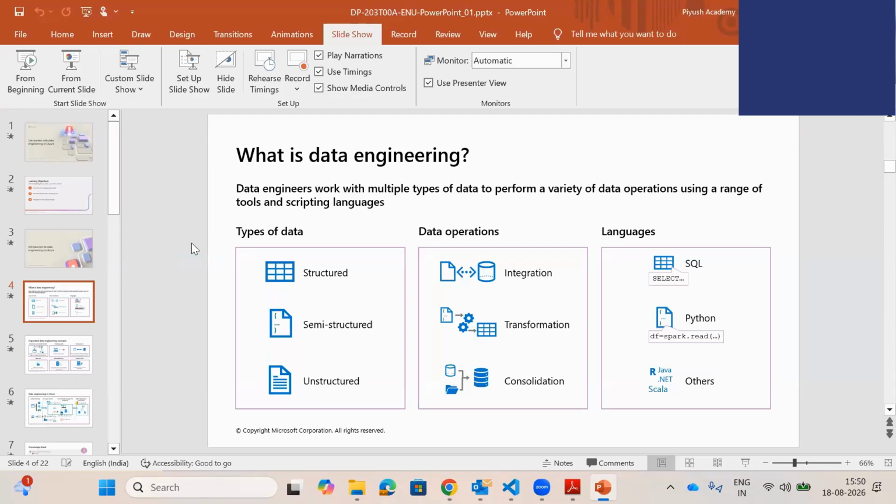I have cleared more than 34 international certifications, so it is in our blood to talk in terms of scenarios only. It would be easy for you to understand, number one. Number two, if you are going for any interviews or such certifications, this is going to be helpful for you.